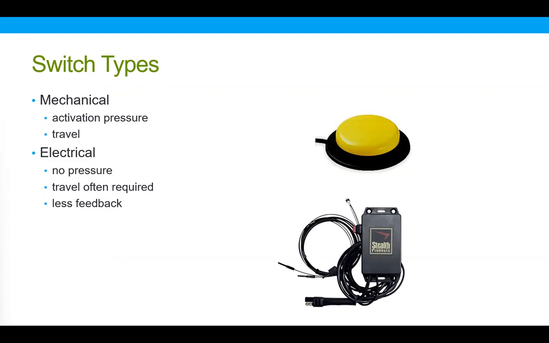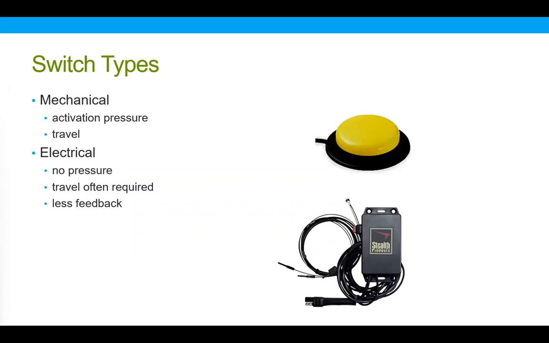There's also less feedback. If my client presses this jelly bean switch, this mechanical switch here, it's going to provide a nice crisp click. But if they activate that fiber optic switch that's also pictured on this page, there's going to be no noise, or a very, very subtle, quiet noise that's sometimes hard to hear.